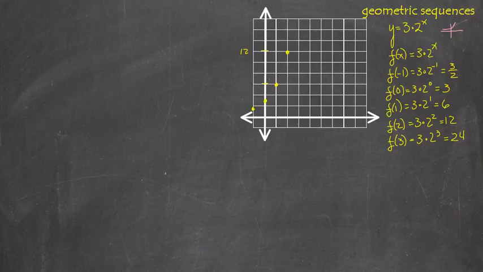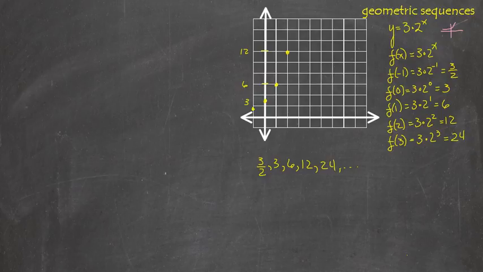The output for this next point down is 6, and then 3, and then 3 halves. So if I were to put these into a sequence, the first would be 3 halves, the second would be 3, the third is 6, the fourth is 12, the fifth is 24, and if I kept adding function values, it would go on and on.